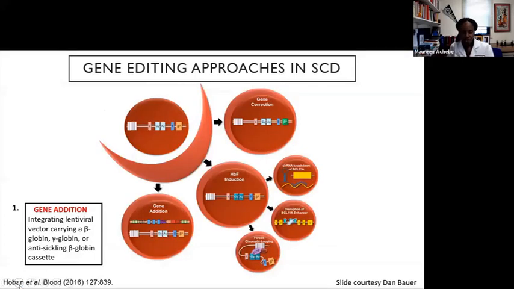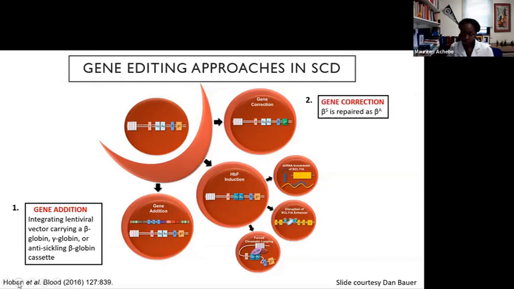In sickle cell disease, there are three flavors of gene editing. There's gene addition, where we're using a virus that has been inactivated, so it no longer has viral particles, and we're able to either put in an anti-sickling beta globin or gamma globin into the patient.